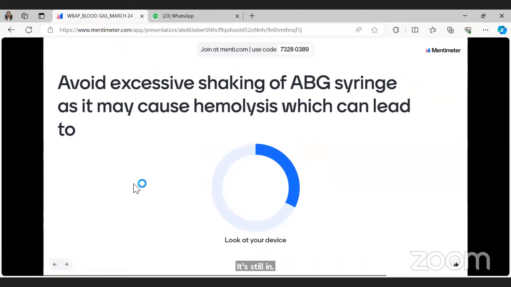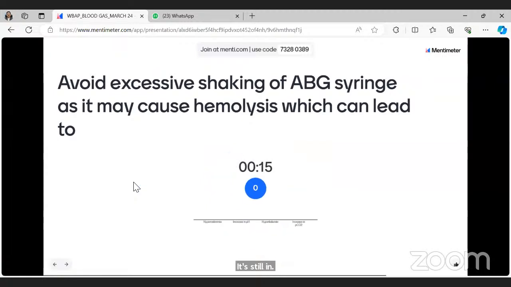Avoid excessive shaking of the ABG syringe as it may cause hemolysis. Excellent.